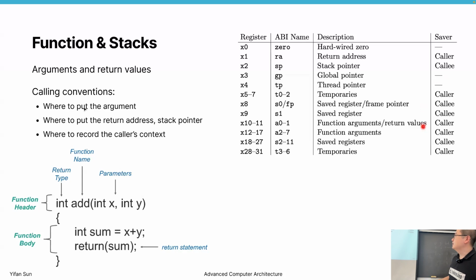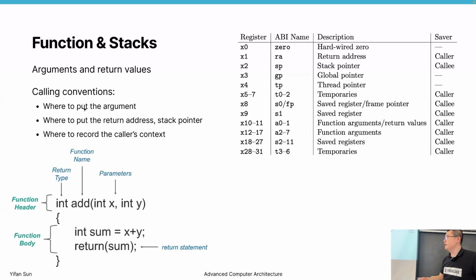Okay, and there's also a hint that the return values can be more than one, but should not be more than two. Okay. And still, if you want to develop a language that supports more than two return values, then you need to break this calling convention and develop your own.